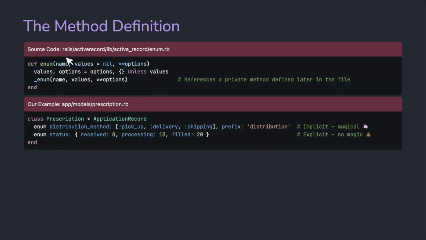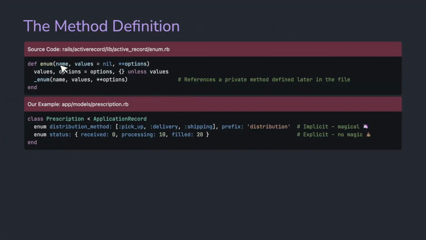So you'll see here, there's another underscore enum right below that looks almost exactly like this enum definition. Well, this is a private method that's defined later on in the file. So we'll get to that next slide.